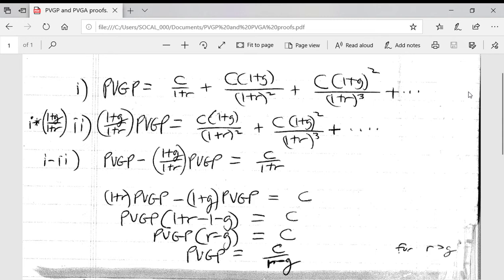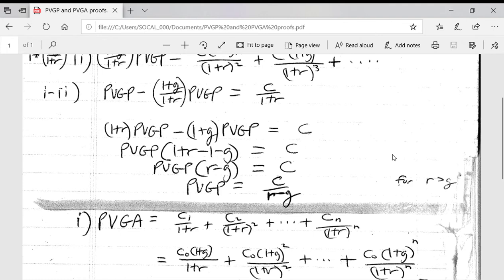So the sum will be infinite. So the present value of a growing perpetuity is equal to the cash flow at date 1 divided by r, the opportunity rate of return, minus g, the growth rate of the cash flows, for r greater than g.